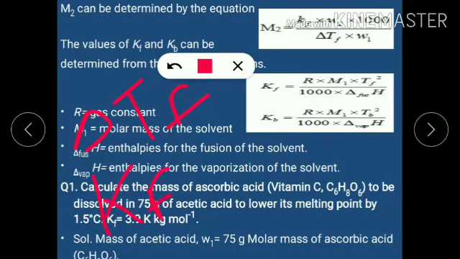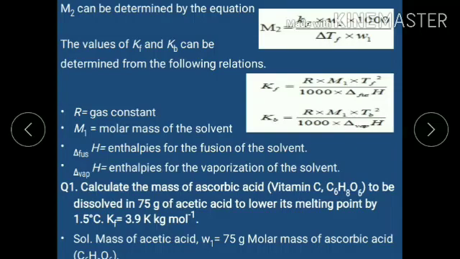Then Kf, the freezing point constant, the mass of solute, the molecular mass of solute, and the mass of solvent. These terms you can find by this formula. Now move to the next slide.